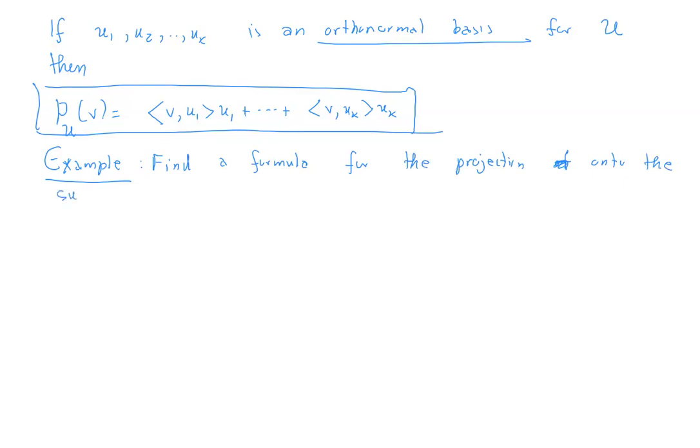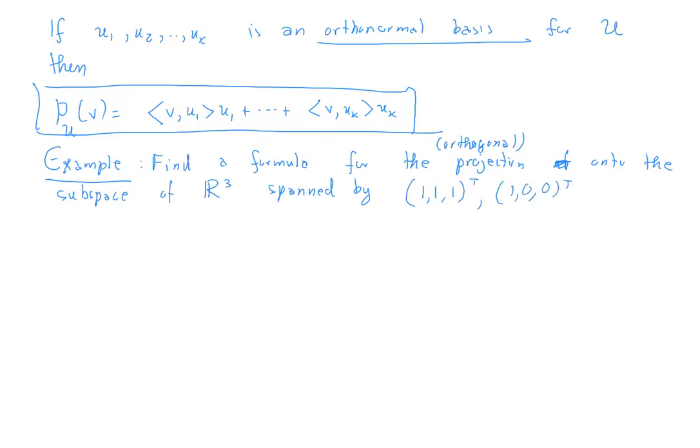And here, when I say projection, sometimes people like to say orthogonal projection, to emphasize it, because one can say there are other kinds of projection, but here we mean orthogonal projections onto the subspace of R3 spanned by (1, 1, 1) and (1, 0, 0).